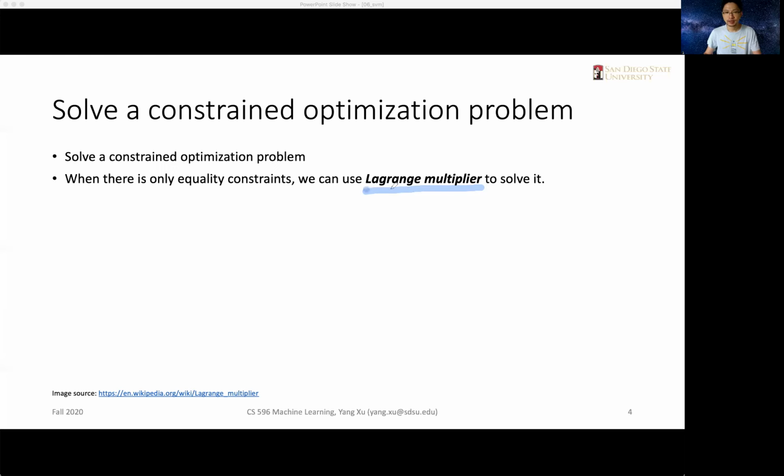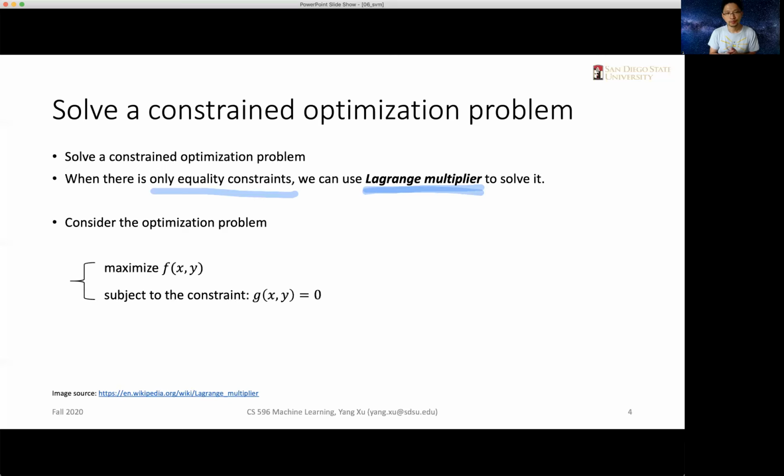We will start from the simplest case of the constraints that we are faced with. When we have only equality constraints, typically in the form of equations, we can use a Lagrange multiplier to solve it.